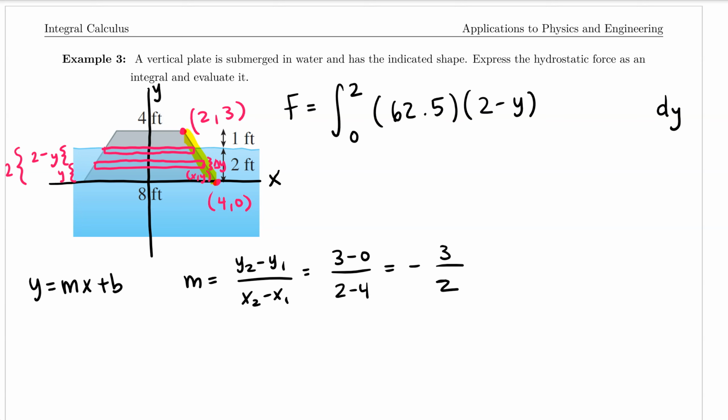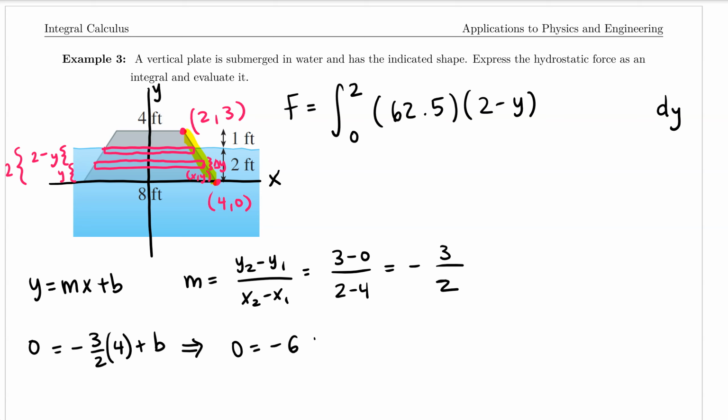Now, in this case, our line segment is not going through the origin, so we actually have to solve for our b value. We have y equals negative 3 halves x plus b, and I'm just going to plug in the ordered pair (4, 0) for x and y. This implies that 0 is equal to negative 3 times 4 is 12, 12 divided by 2 is 6.